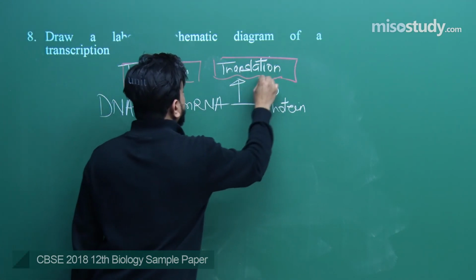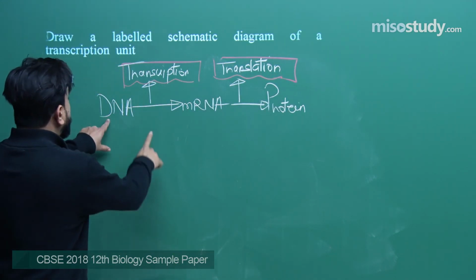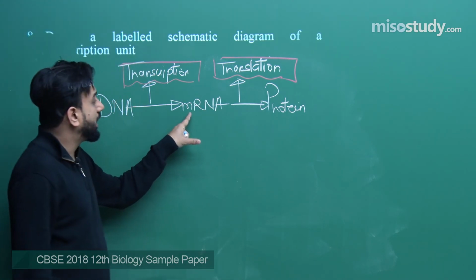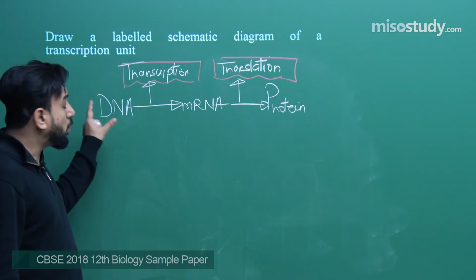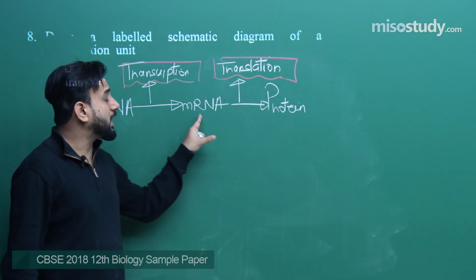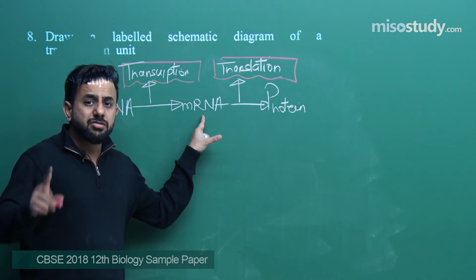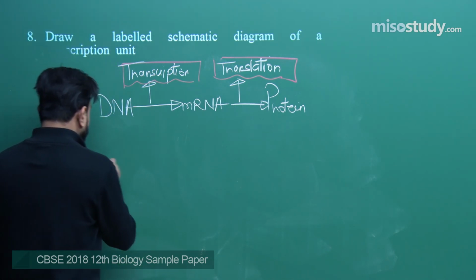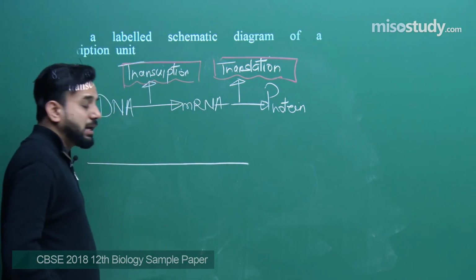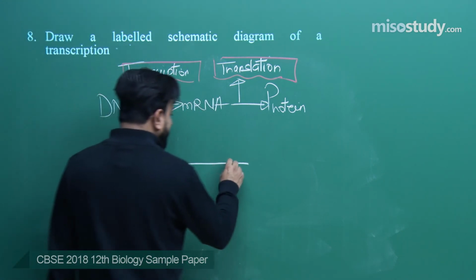Transcription and translation. So the process of conversion of this DNA into the messenger RNA is called as transcription. Now we know what is transcription. So let us see what the transcription unit is. Since the DNA is getting converted, let us draw a DNA. Yes, this is a DNA strand.